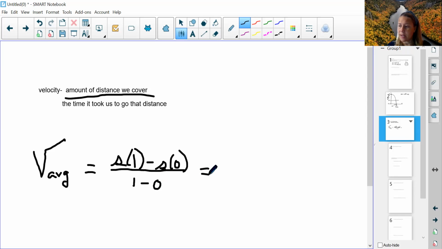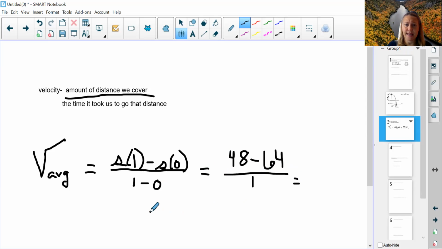Okay, so at 1 second, I had a height of 48. And at 0, I had a height of 64. So I moved a total of 16 feet in 1 second. Notice it's negative. The reason I get a negative velocity is because the object is falling.